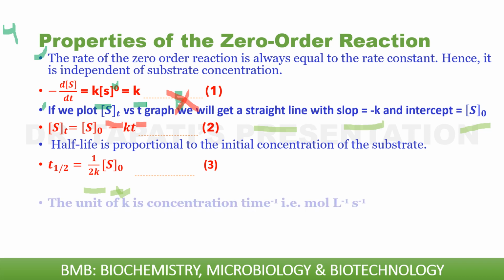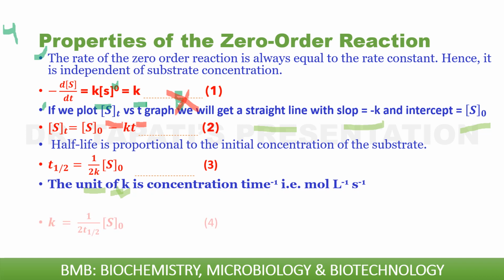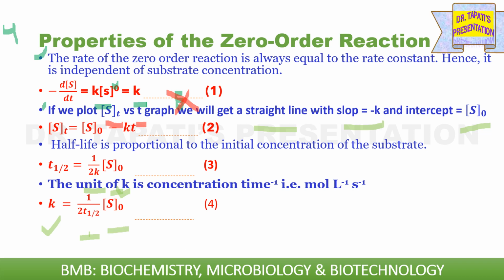From equation 4, we can find the value of rate constant, that is K is equal to 1 by 2 T half into initial substrate concentration. Therefore, unit of K is concentration per time, that is mole per liter per second.